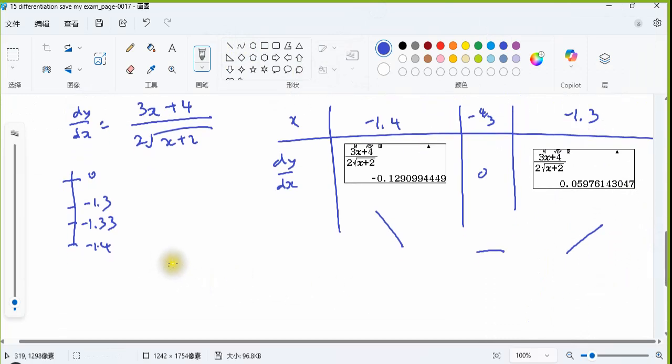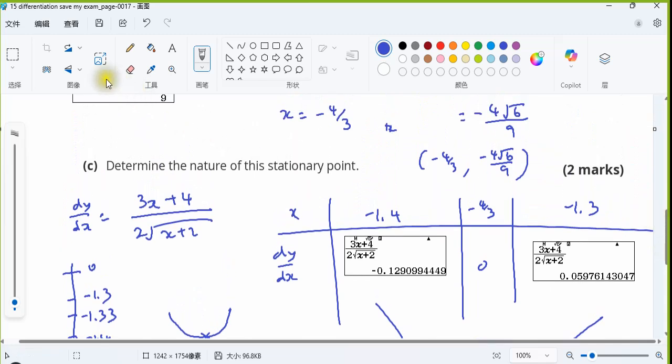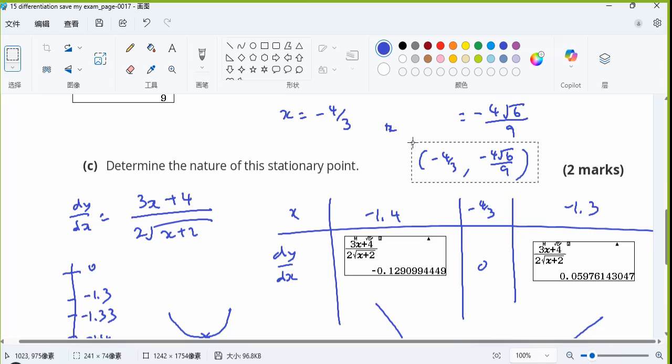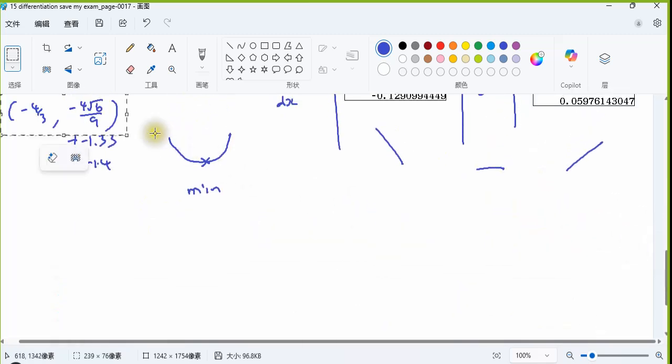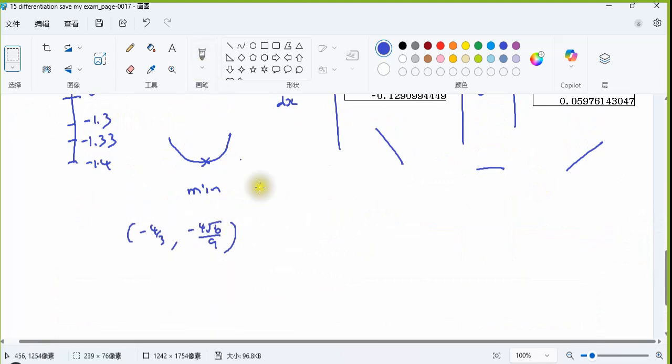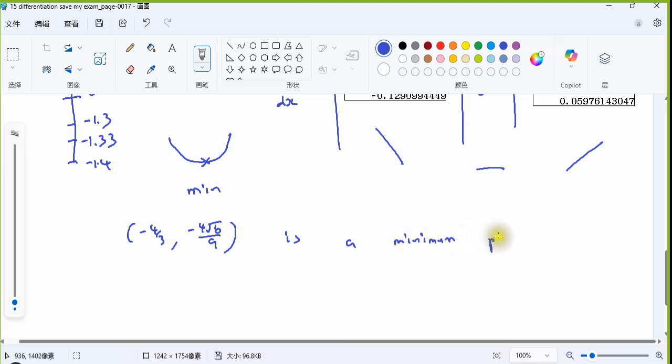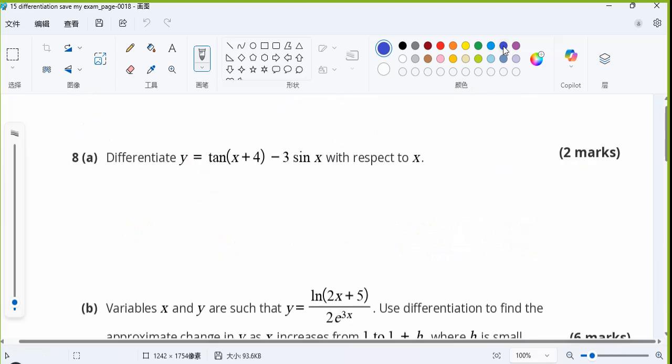So combined, we have this shape. So it is a minimum. Okay. So we will say that this one is a minimum point. Okay. Question number 8.